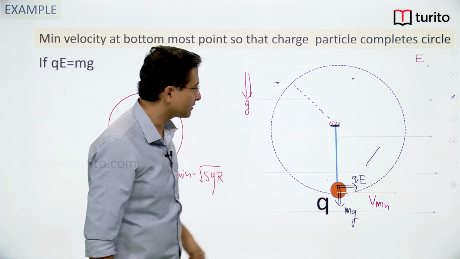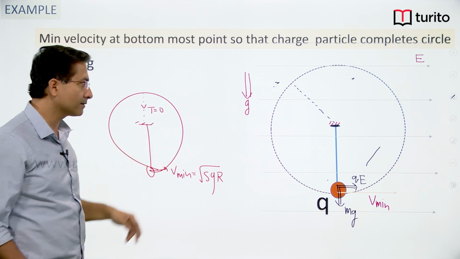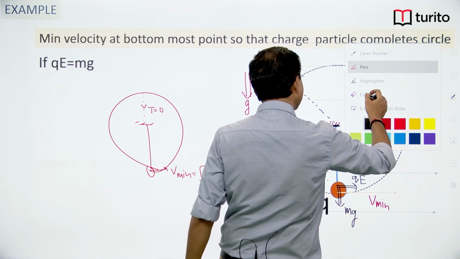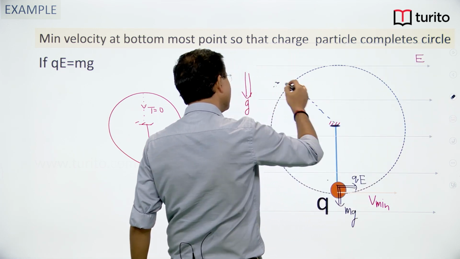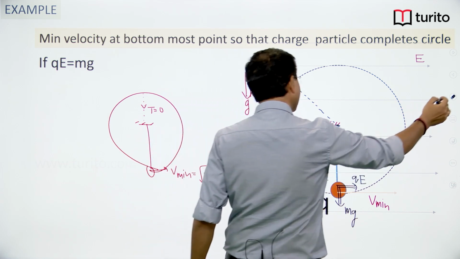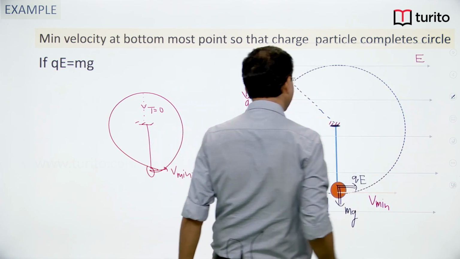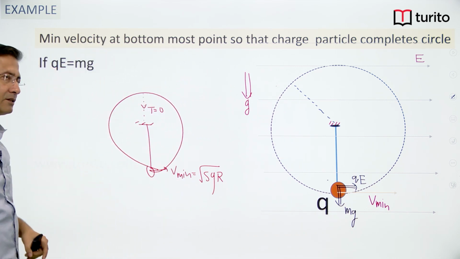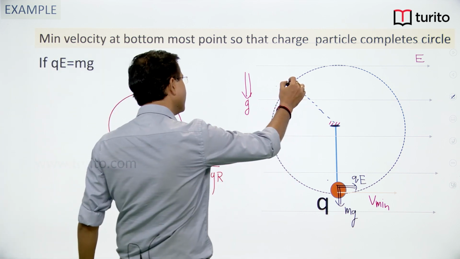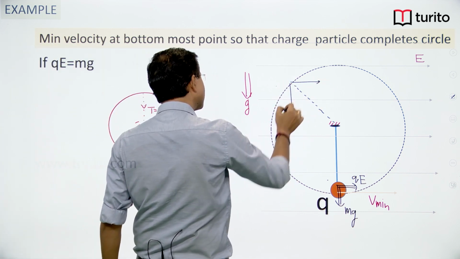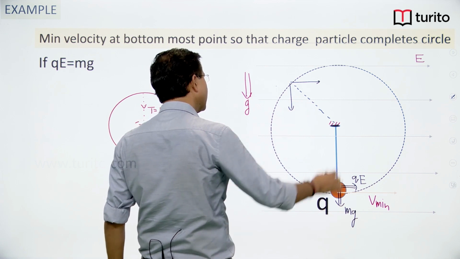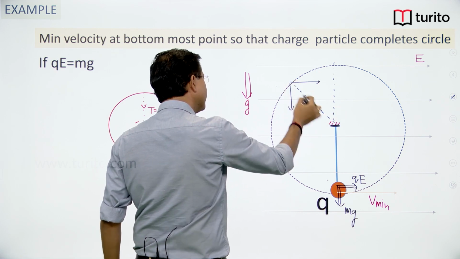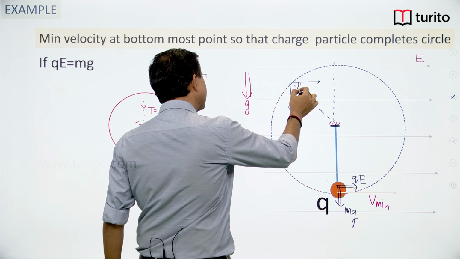So, the point will be somewhere here, right, where the resultant can come towards the center, as it is given that QE is equal to mg. This force is equal to this force.